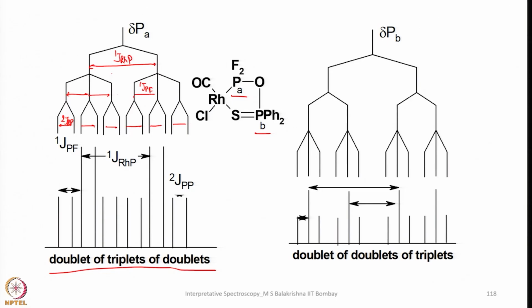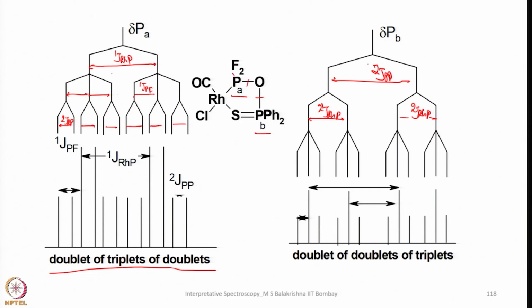And now, let us look into PB. When we look into PB, first it will couple with phosphorus because that 2J phosphorus to phosphorus coupling is a little larger. It couples with 2J PP, and then each line will be split by rhodium, which is two bonds apart. So, this is the rhodium coupling, also a 2J rhodium phosphorus coupling. Now, we have three bonds apart two fluorine atoms.